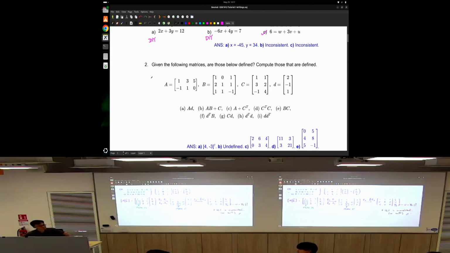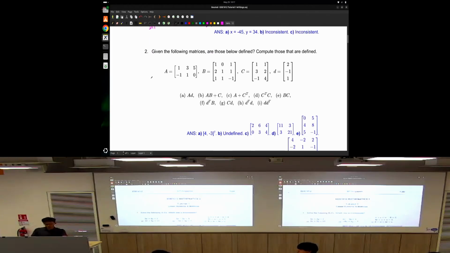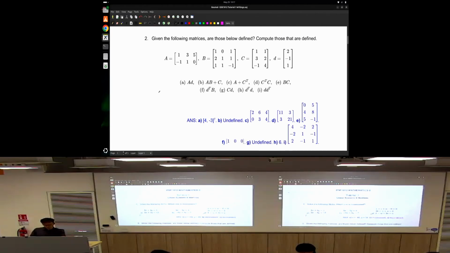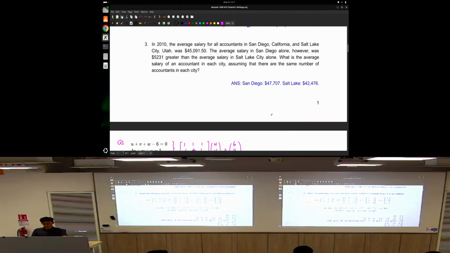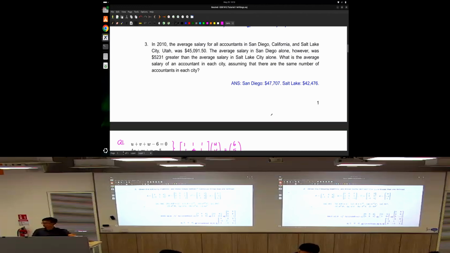So question 1 done. Question 2, do I need to do any of them? Matrix multiplication and just transpose. So no need, this one you DIY for A to I and then check against the answers given. Question 3, do I need to do? Question 3 is a bit on math modeling because they give you some word problem and then you're supposed to form the equations and then solve for the unknown salaries.